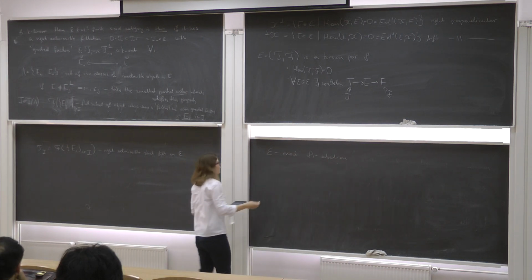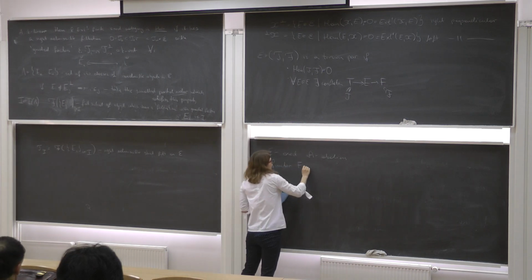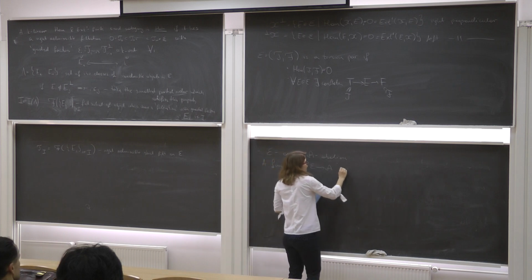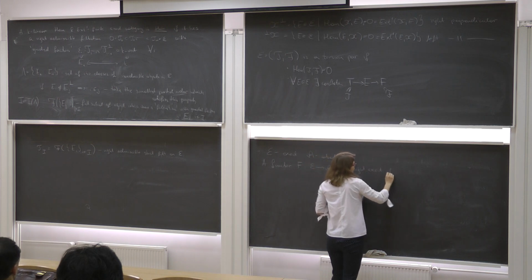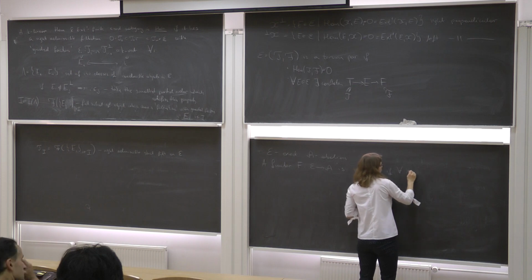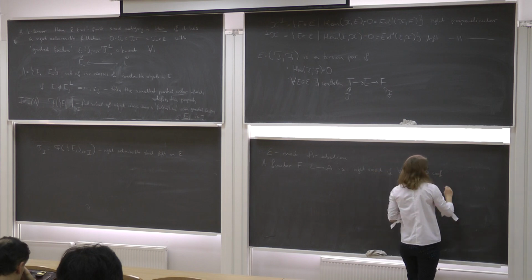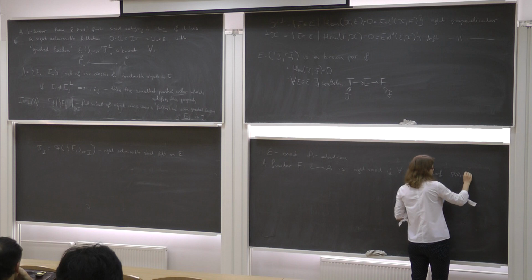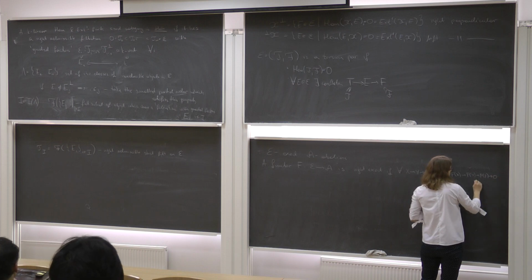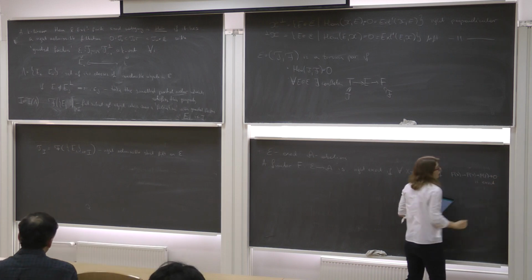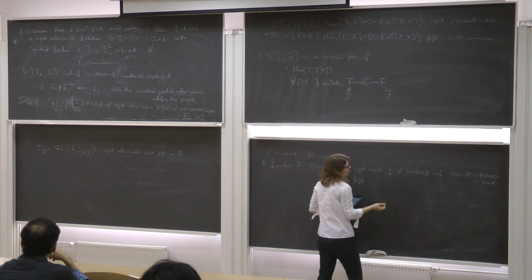A functor F from E to A is right exact if for any conflation, where I have an exact sequence, F of x, F of y, F of z, 0 is exact in A.